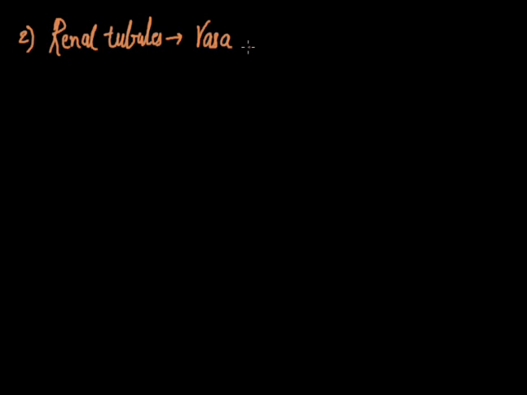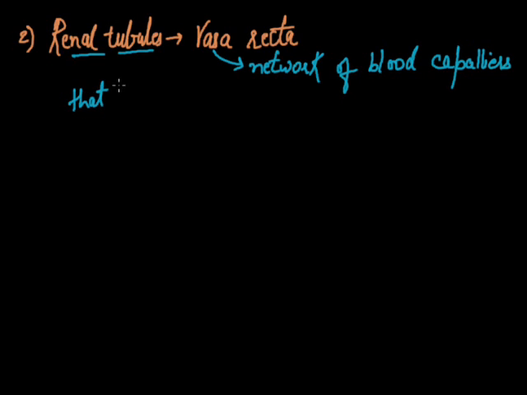Vasa recta is a network of blood capillaries that covers the loop of Henle. Through this blood, the reabsorption of useful things like glucose and amino acids will take place.